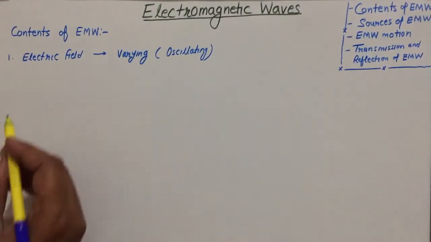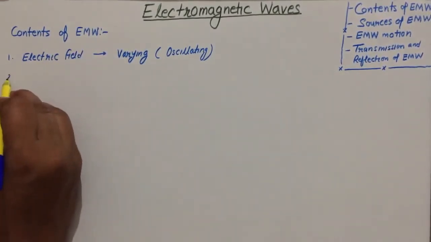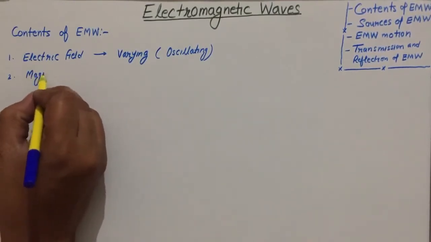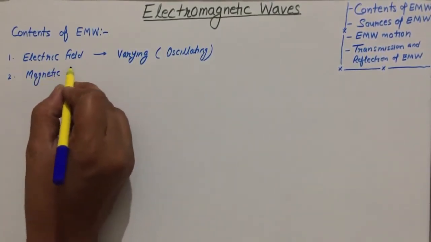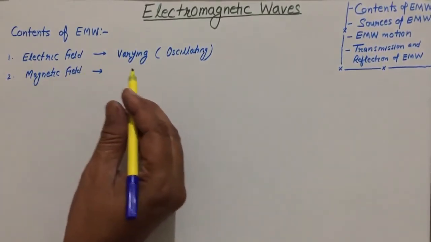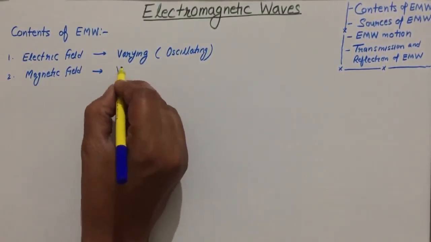And the wave also carries the magnetic field, and what type of magnetic field should be there? That is also oscillating.